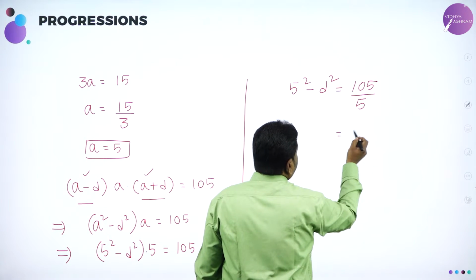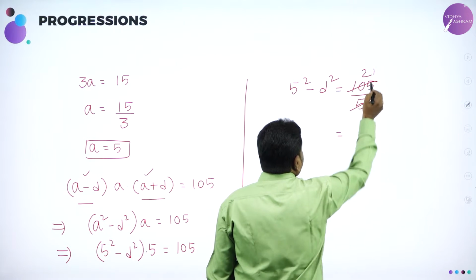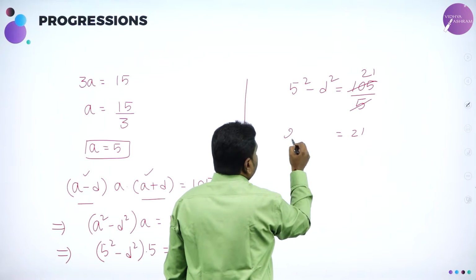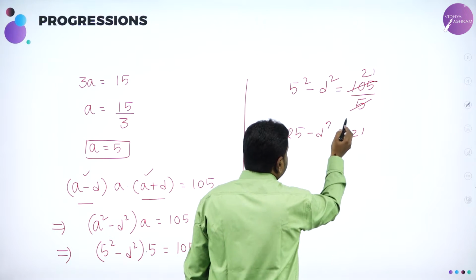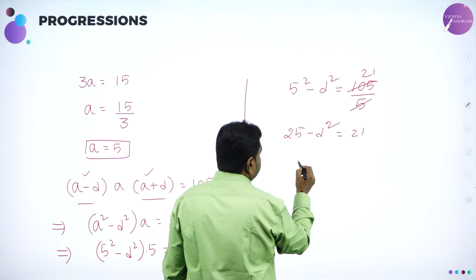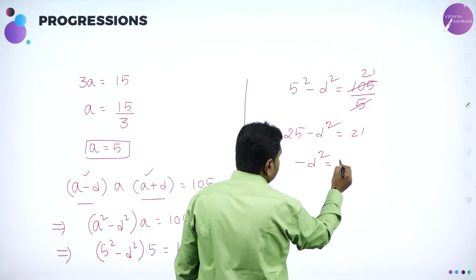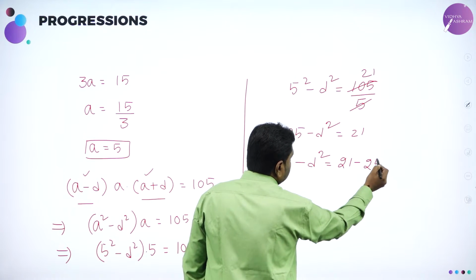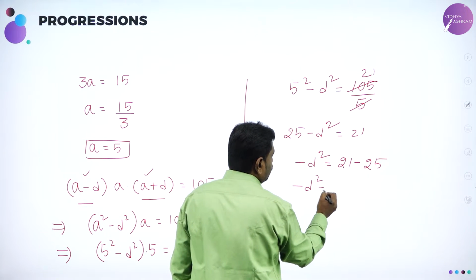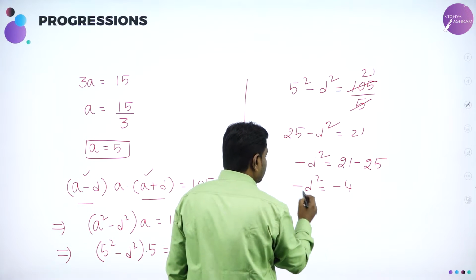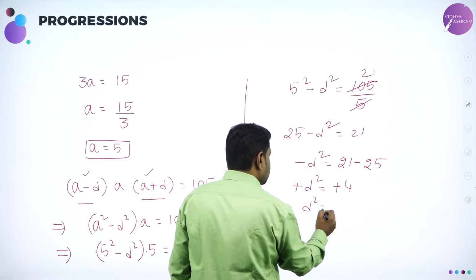So now if you divide it by 5, 5 fours are 20, 5 ones are 5, it will be 21. 5 square, you know, is 25. 25 minus d square is 21. So transfer the term to that side. So minus d square is equal to 21 minus 25. So minus d square is equal to minus 4. So minus cancels. So d square is equal to plus 4.